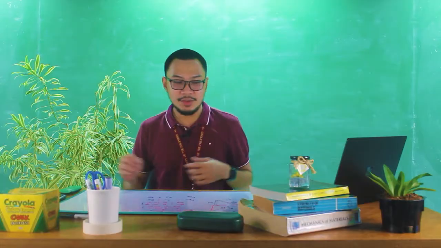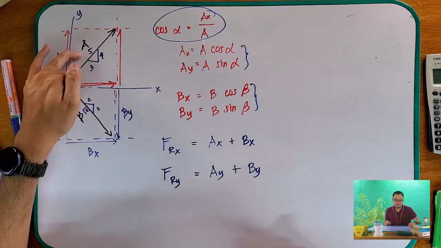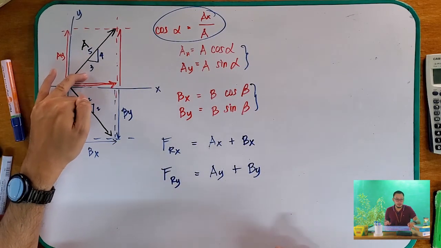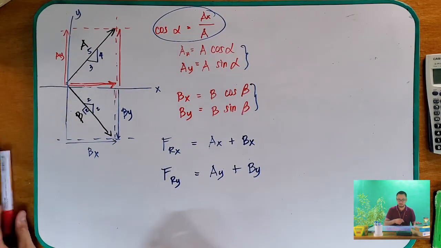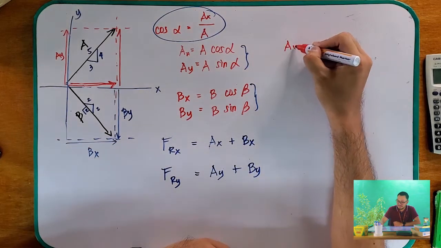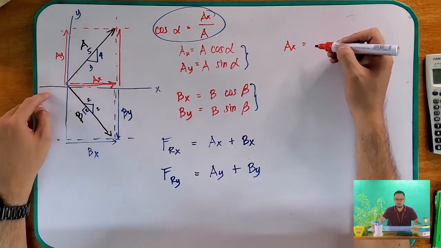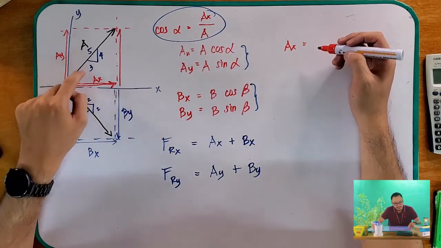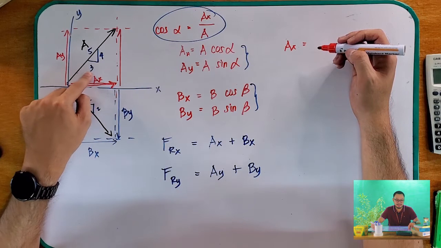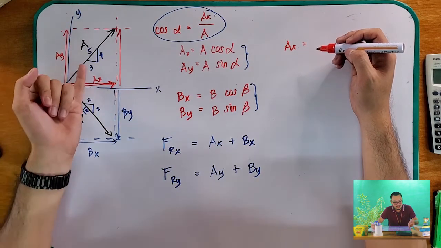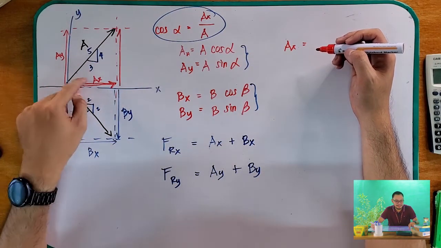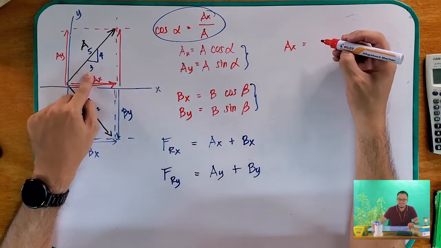Okay. So, to get the components of A, if ang given kay ang slope, ang imo lang buhaton, AX, to get your component imong AX, imo lang buhaton is to get the horizontal component of that slope, which is 3.